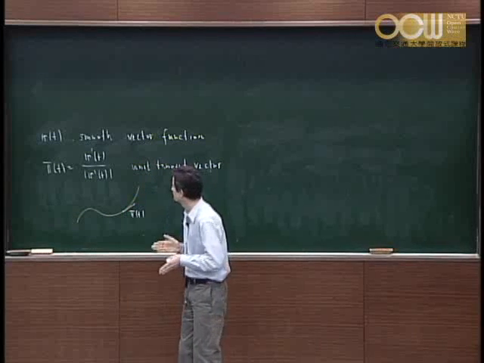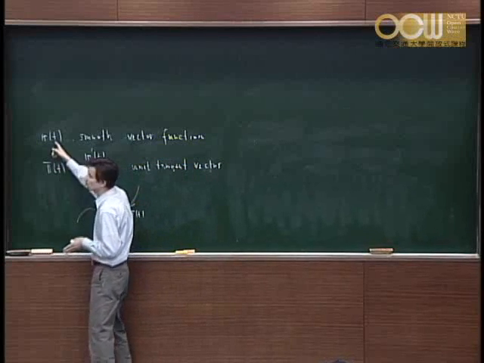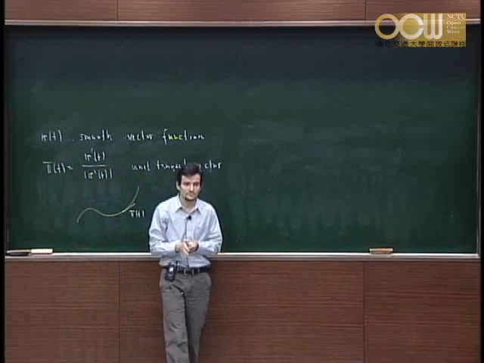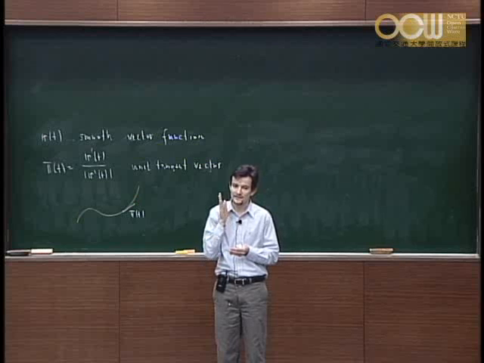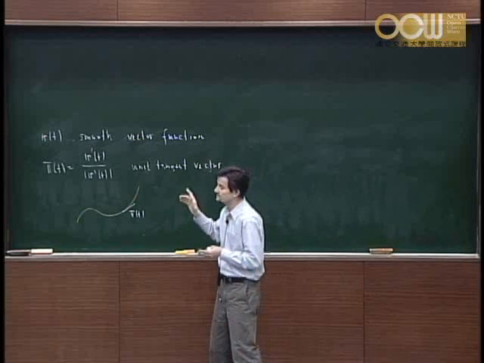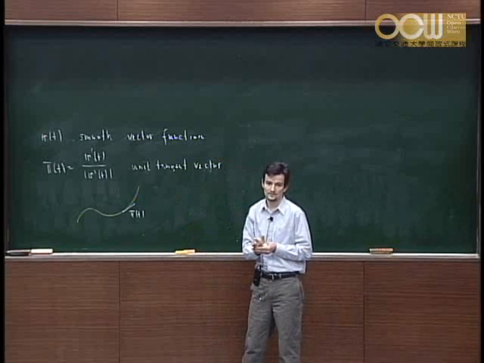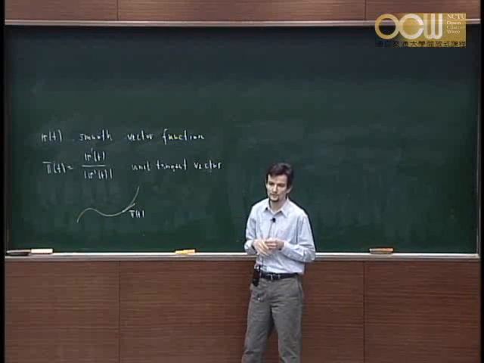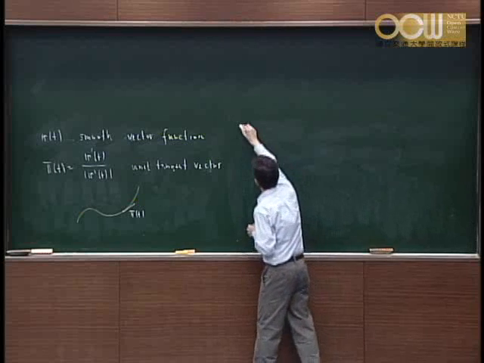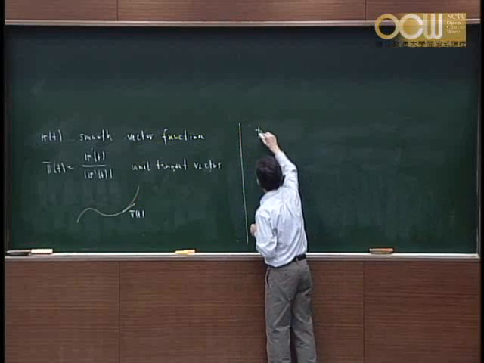So we first introduce the arc length as a parameter. We use this kind of parameterization, and then we take the derivative not with respect to t, but with respect to s, and take the absolute value, and this number you get is called the curvature. So this allows us to define the curvature.